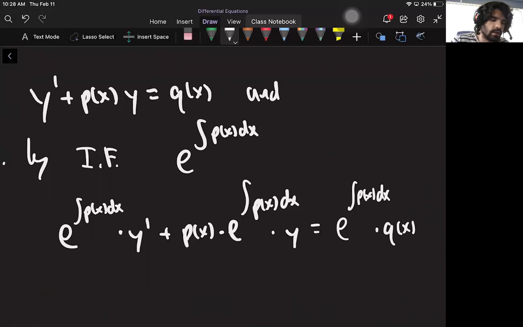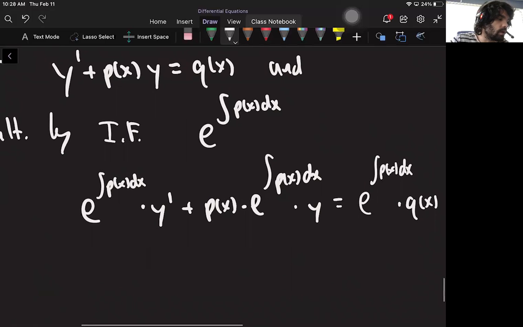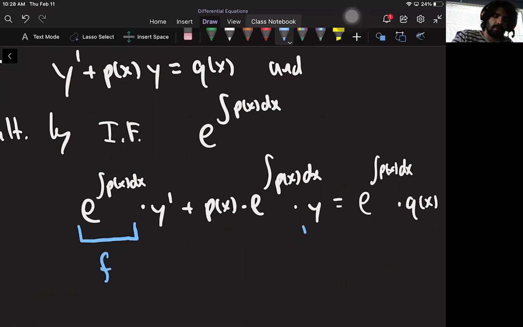So the idea is that on the left side, it's supposed to be the product rule of something. And here we can actually see it a little bit better. So if I look at it carefully, I should think of it in these two pieces. I have my one function, that would be like my f, and then my other function, g.